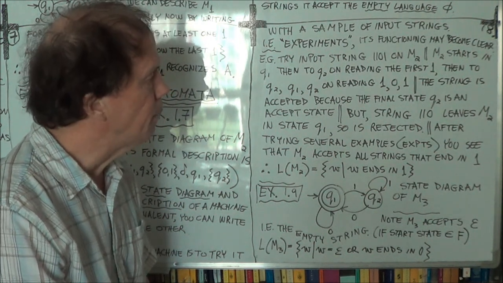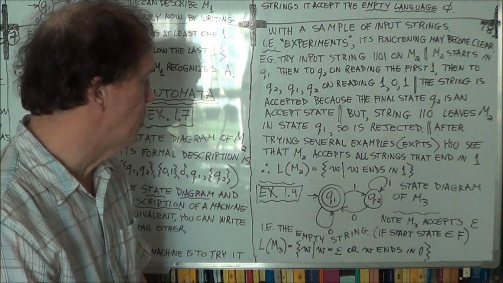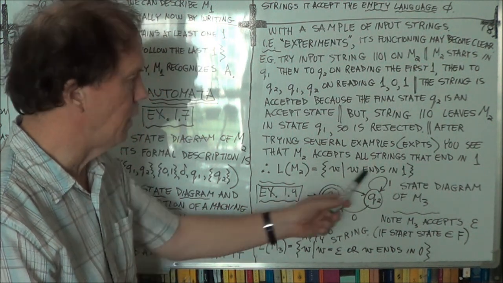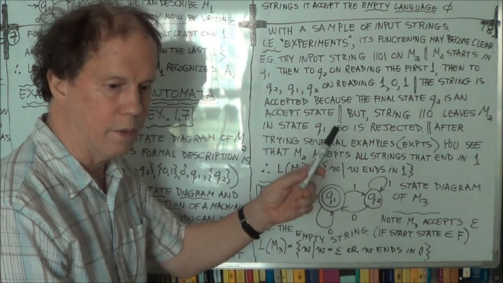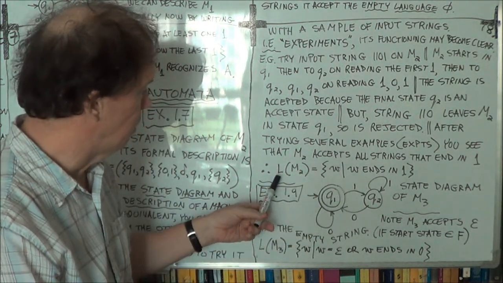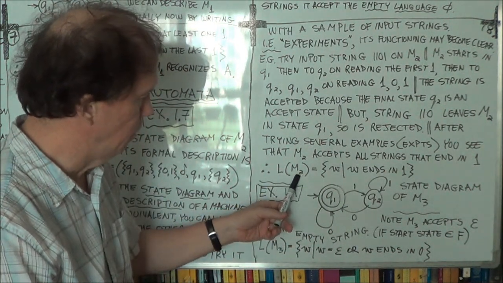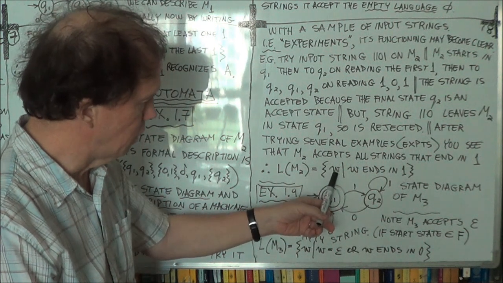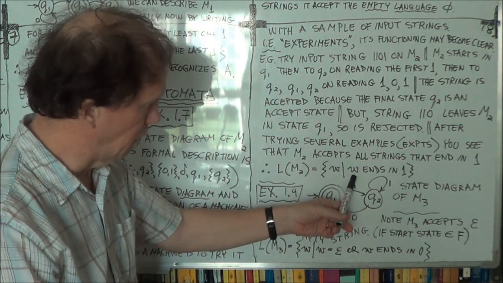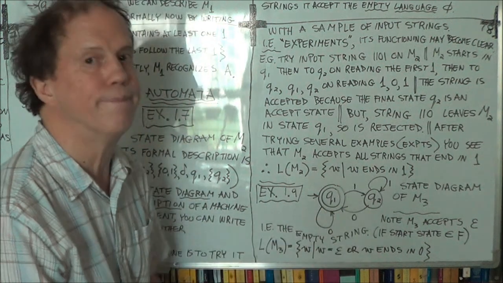So in terms of what's the language? The language of machine M2 is the set of strings W, where W ends in 1.